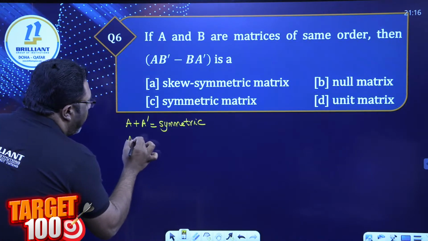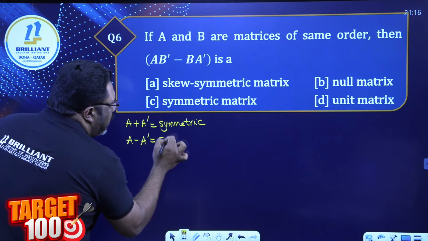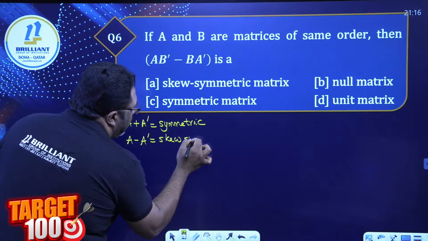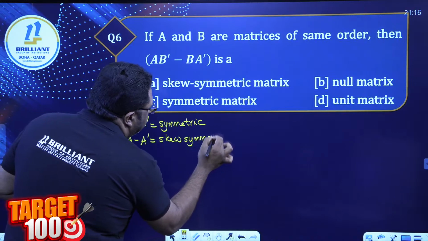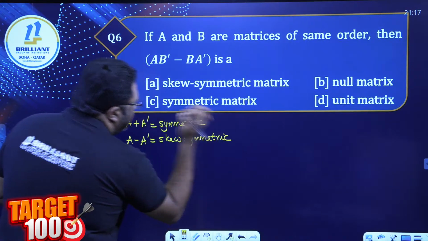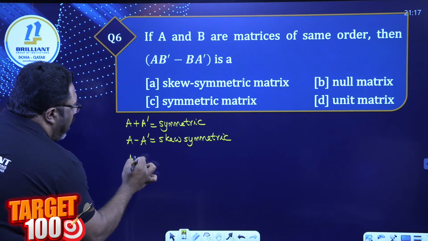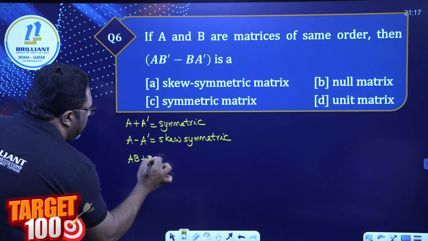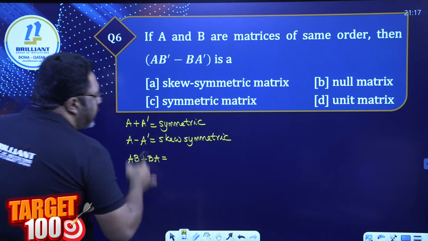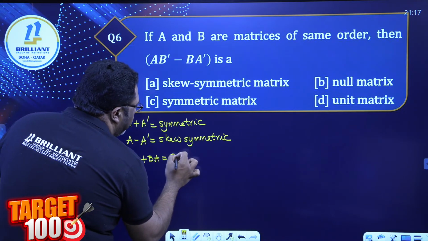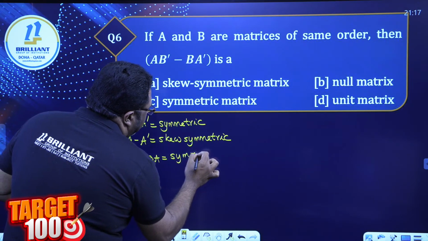A minus A dash is always skew-symmetric. And AB plus BA is always symmetric.